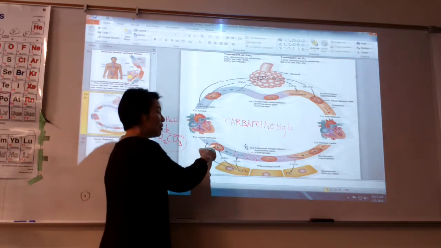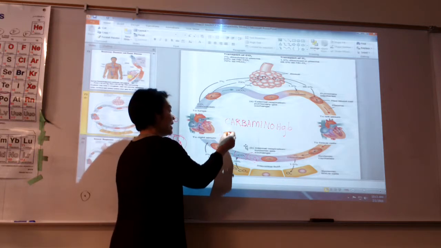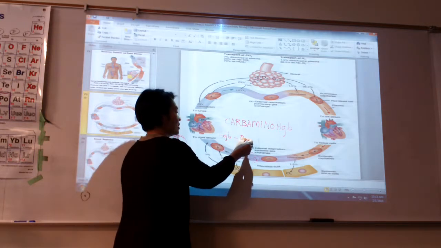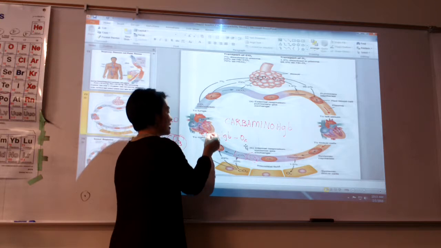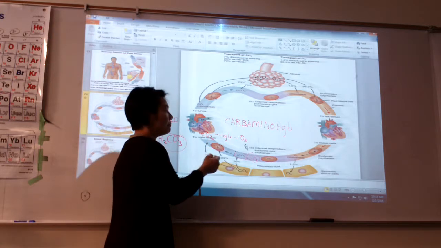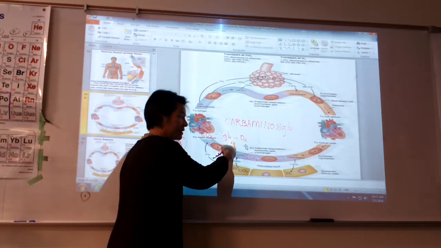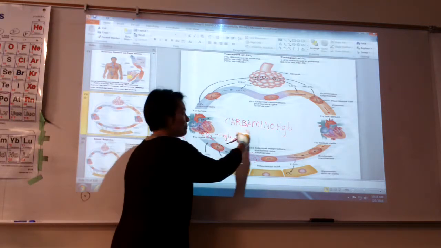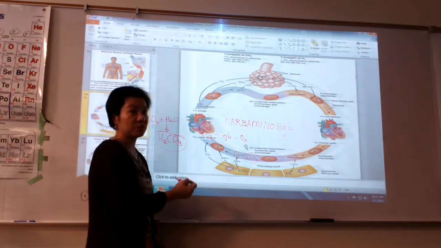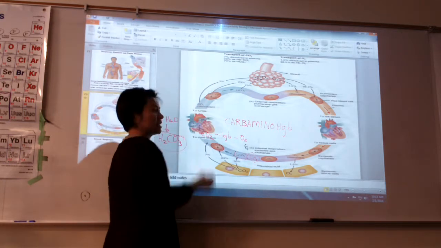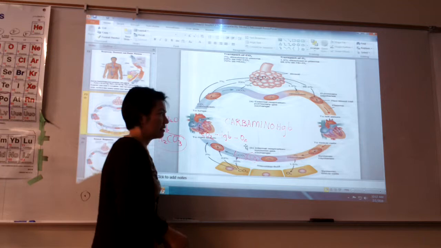So each hemoglobin molecule can carry both oxygen and carbon dioxide at the same time because oxygen is bound to what? To the iron part, and carbon dioxide to the amino group of your hemoglobin. So they both can be transported there.